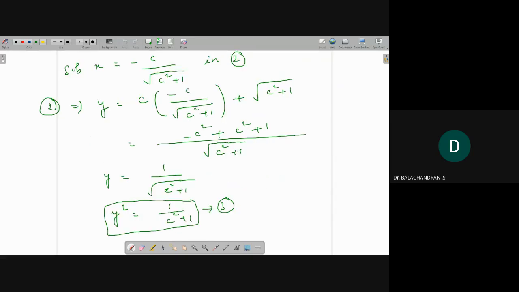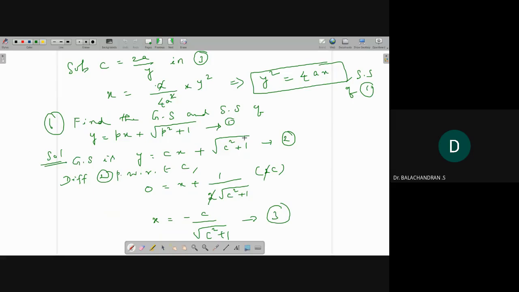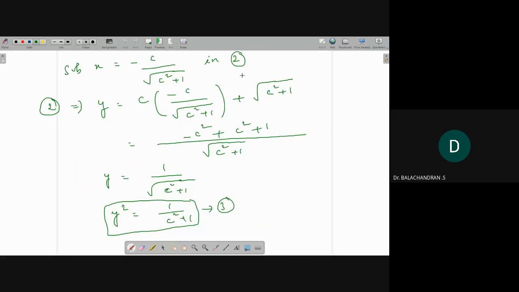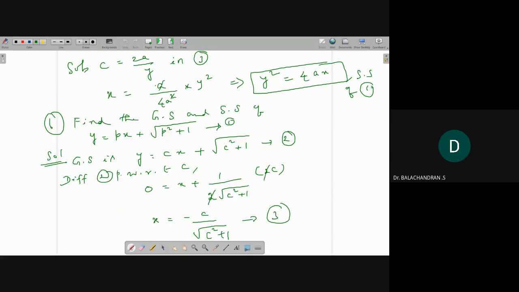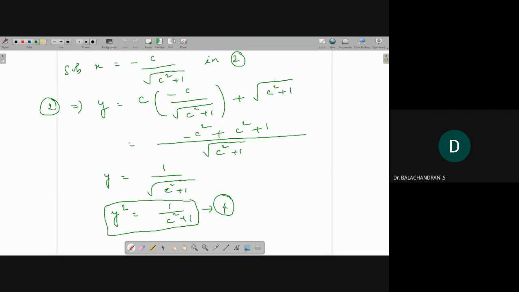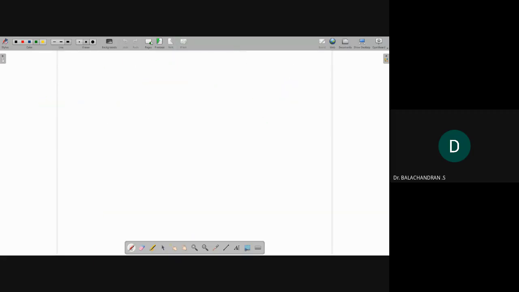Now, 3 implies, squaring on both sides, x square equal to c square divided by c square plus 1. I call this 5.